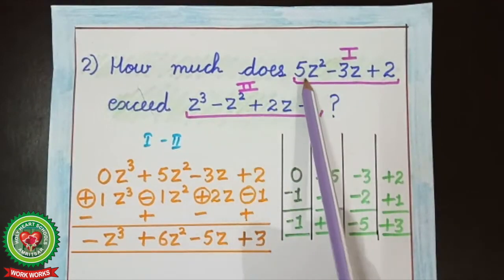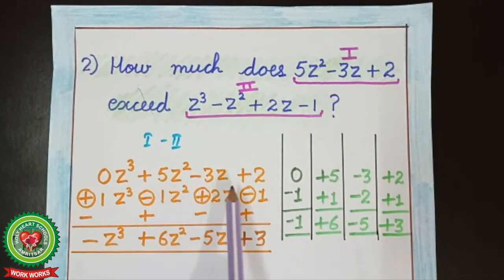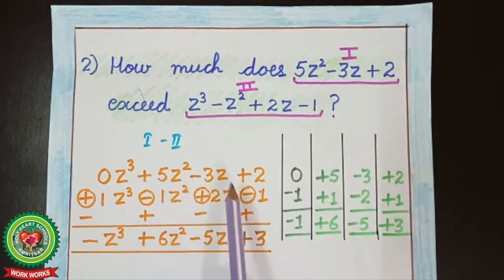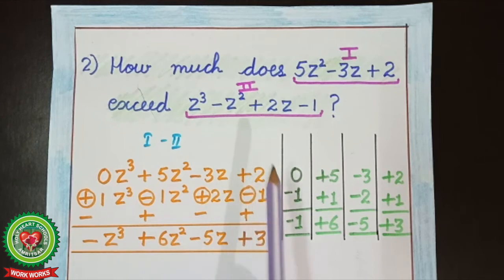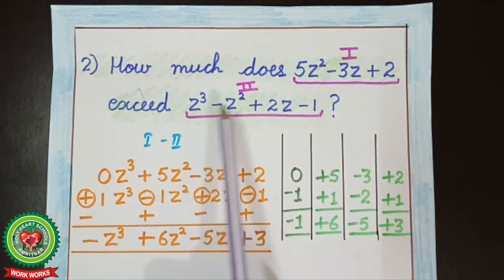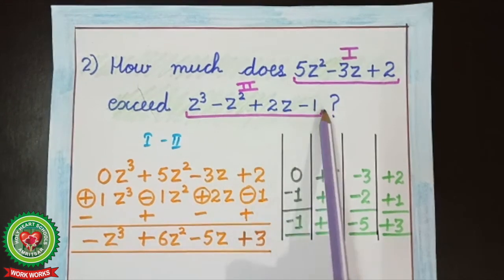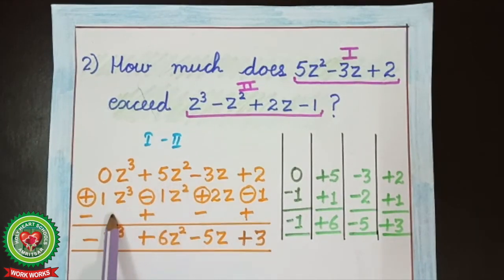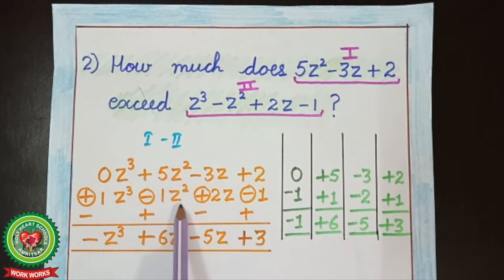We will write the first expression here, that is 5z square minus 3z plus 2. Now the second one is z cube minus z square plus 2z minus 1. So we have written it over here, z cube here and z square under z square, z under z, and number under number, that means constant.